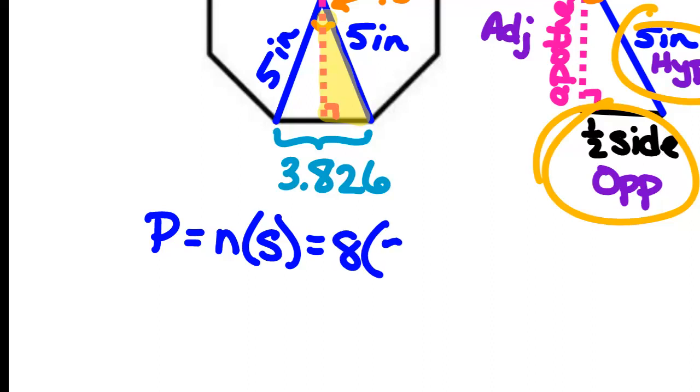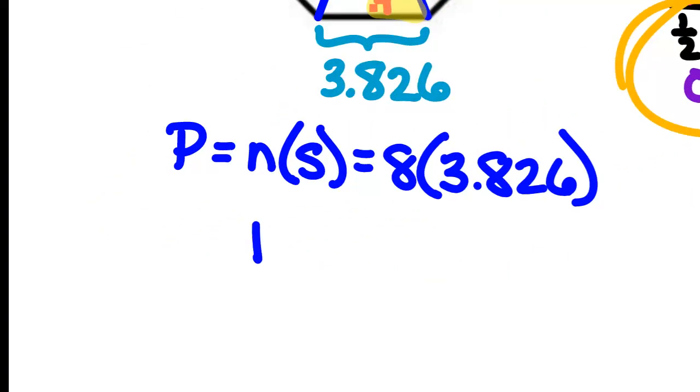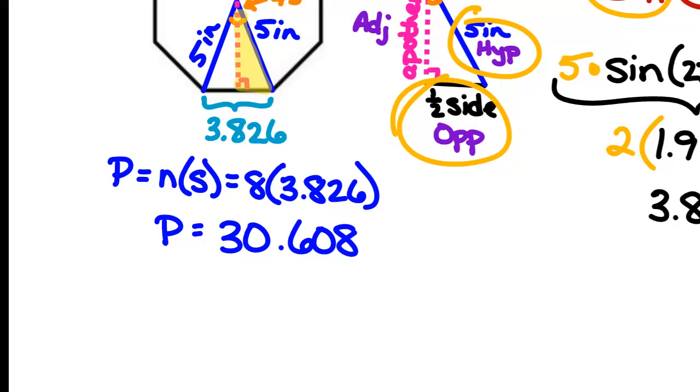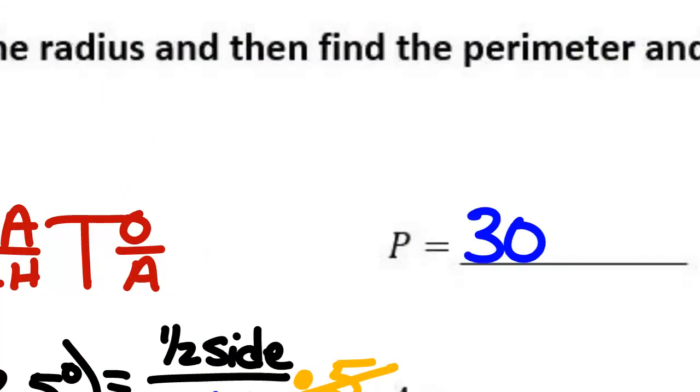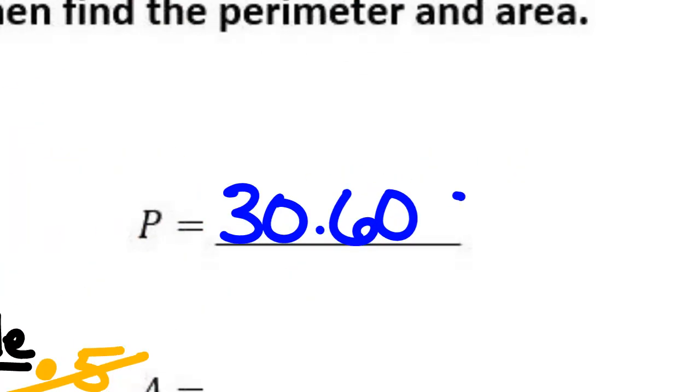We have 8 sides that are each 3.826, which gives us a perimeter of how much? 30.608. Would we have units with that? Inches. So here's my perimeter. 30.608 inches.